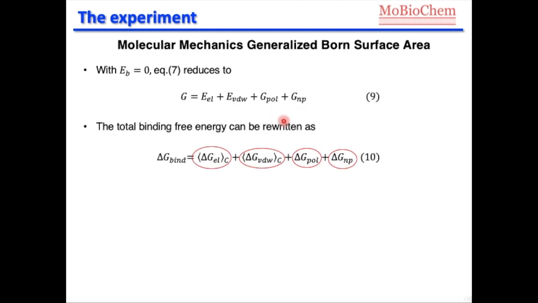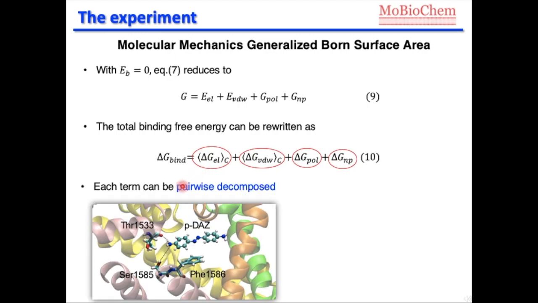Therefore, the total binding free energy can be rewritten as in equation 10. Also, another important part of MMGBSA is that each term can be pairwise decomposed, which means that we can actually find each of those terms, being the electrostatic and the van der Waals interaction and the polar and nonpolar solvation energies, between each residue and the ligand. Therefore, we can understand which are the most contributors to the binding of the ligand in that binding pocket.